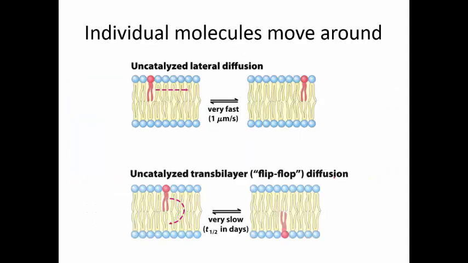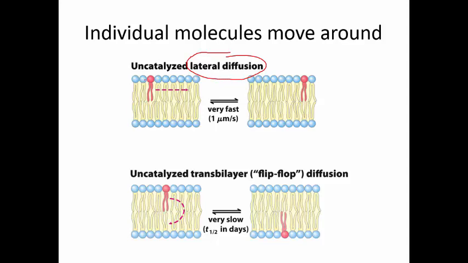So let's talk about the individual molecules. Again, these are not sitting still in their one part of the membrane. They are moving around. So let's talk about two different types of movement. One is lateral diffusion, which basically means moving within the same layer of the bilayer. That happens very fast.